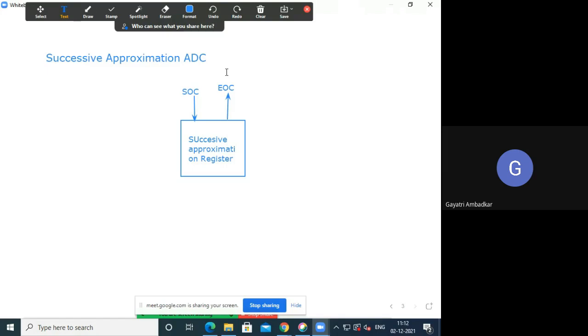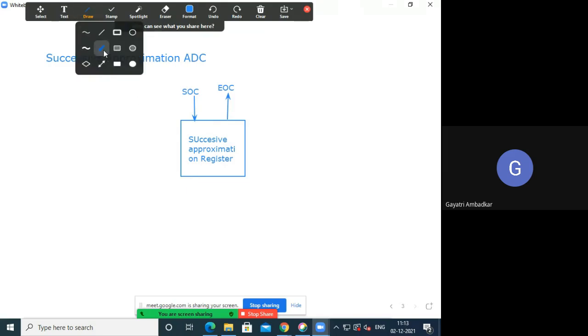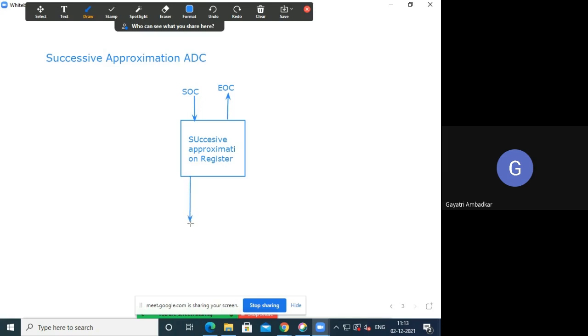Now conversion is ended. And there are a number of outputs depending on how many bits are used. So let's draw. One, two, three, four.